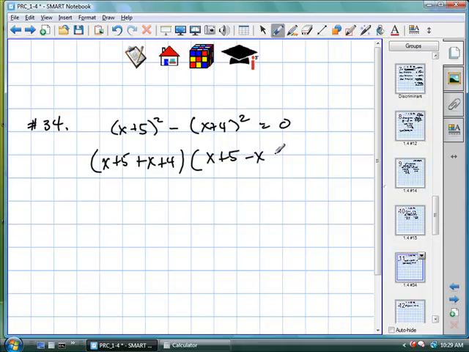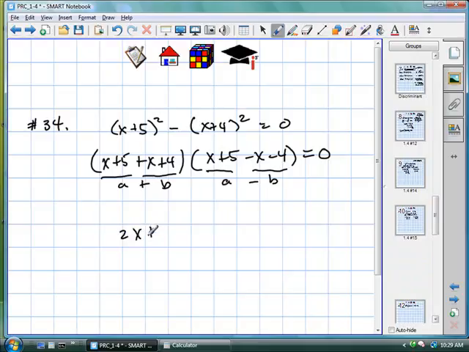So this is like, if you will, a, and this is plus b, and then over here this is a, and right here this is minus b. So do you see how I kind of did the a plus b and the conjugate thing? Now, what is this? This is just 2x plus 9.